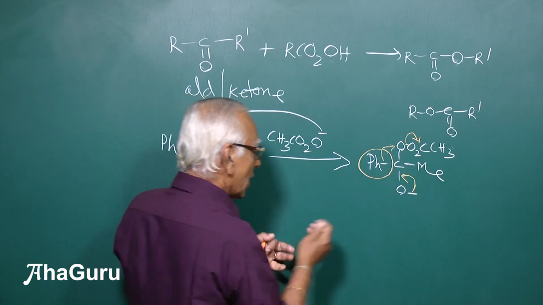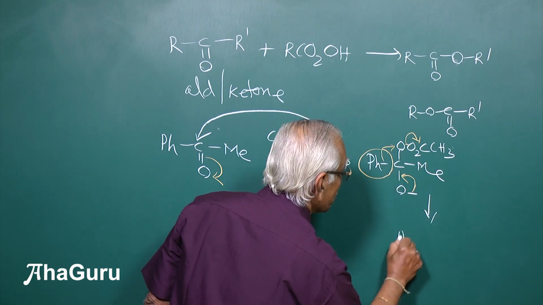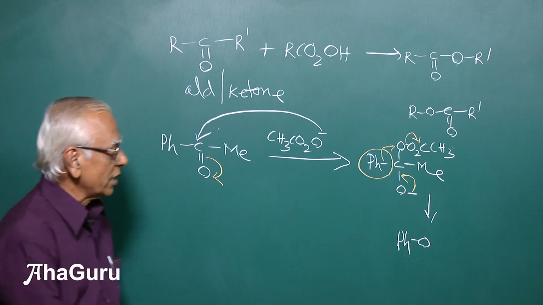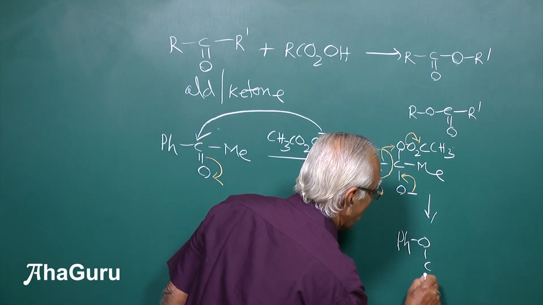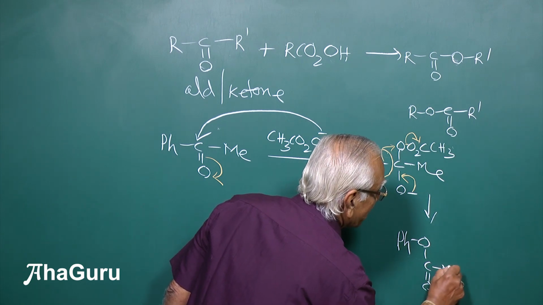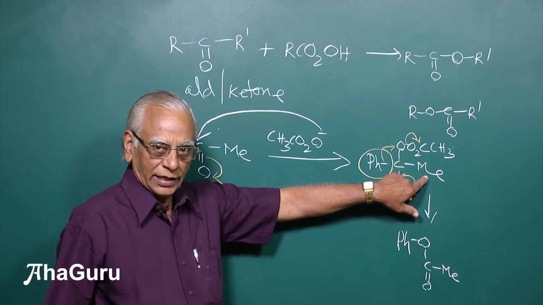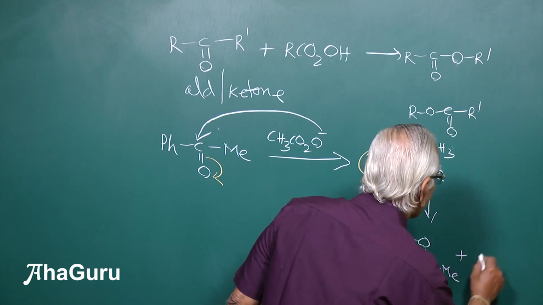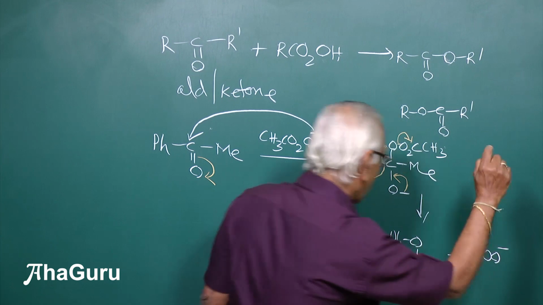Now, look at the arrow mark and write the product here. The phenyl group is attached to oxygen, isn't it? And as usual, you put the C double bond O, and methyl is intact. My dear students, you see here, nothing happens to the methyl, it's only the phenyl group that migrates. And what is the leaving group? Leaving group is CH3COO minus.